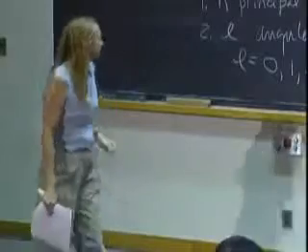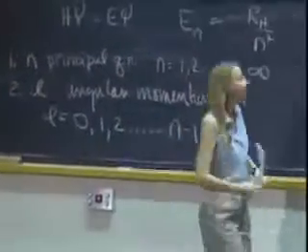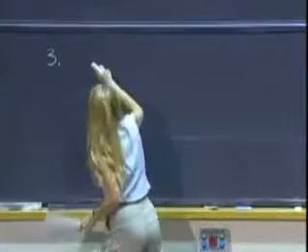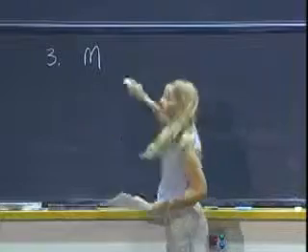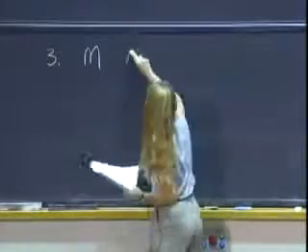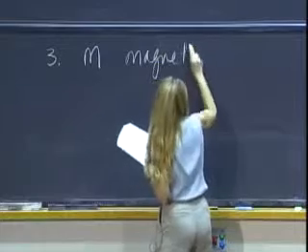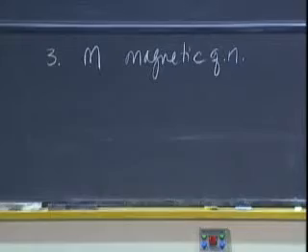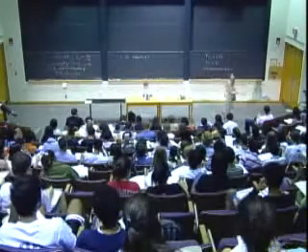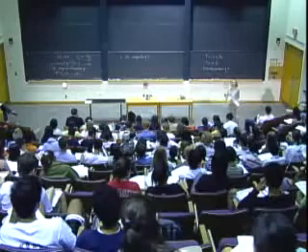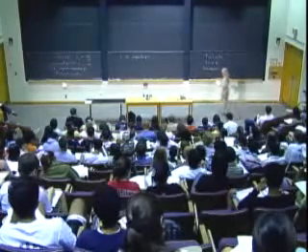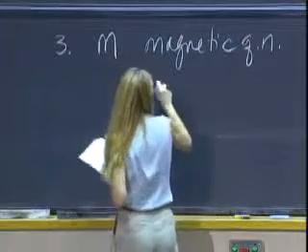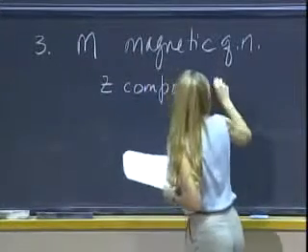All right? And then we have a third quantum number that drops out of that solution. That third quantum number is called m. It is the magnetic quantum number, and it is called that because it dictates how an atom behaves in a magnetic field. But more precisely, m is the z component of the angular momentum.